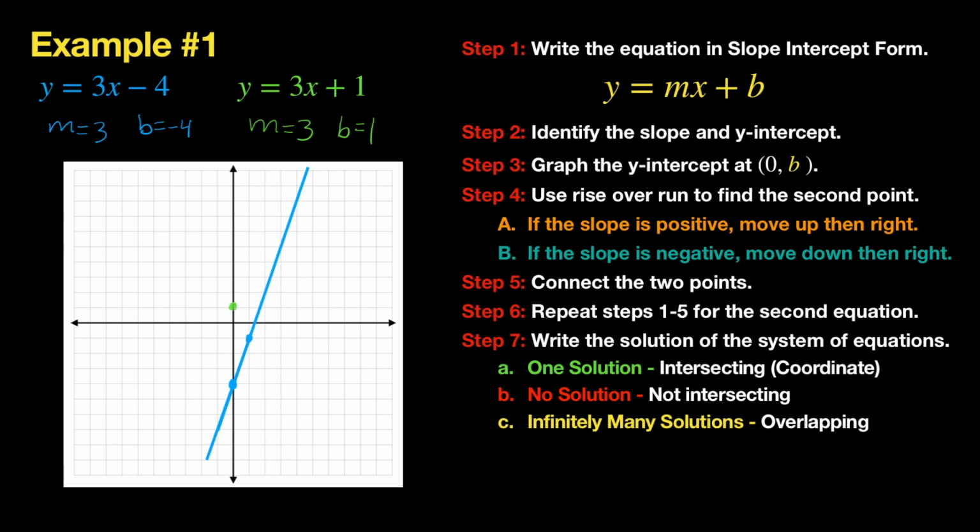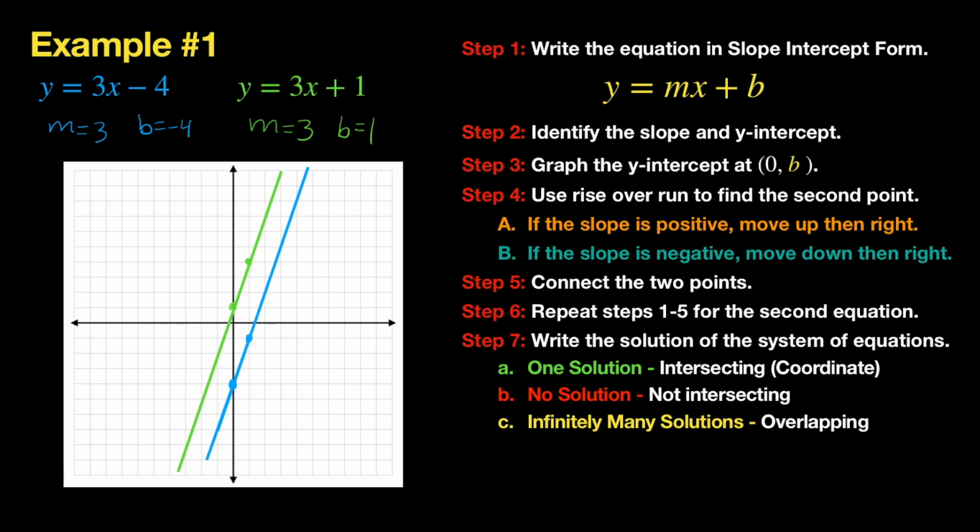And now, because the slope is positive 3, as stated in step number 4, we're going to go up 3 units, 1, 2, 3, and 1 to the right. Now, let's connect the points. Now that we have both lines, you can tell that those 2 lines don't intersect, and it says, write the solution of the system of linear equations.